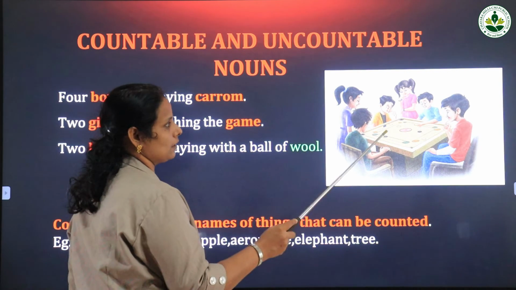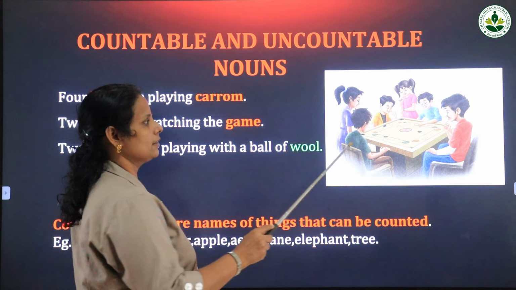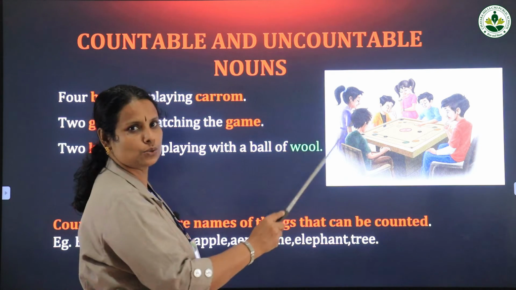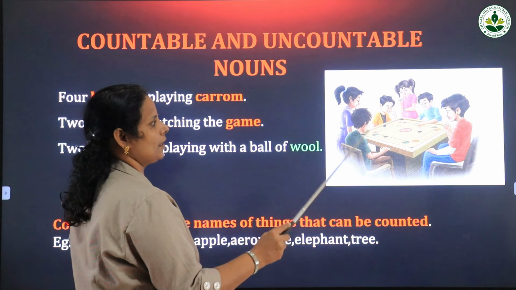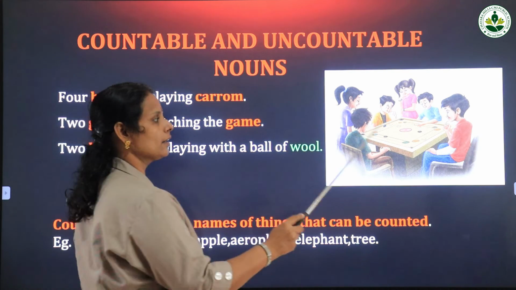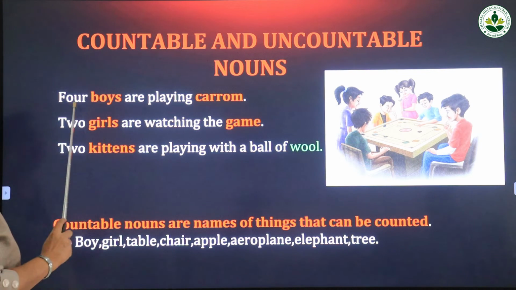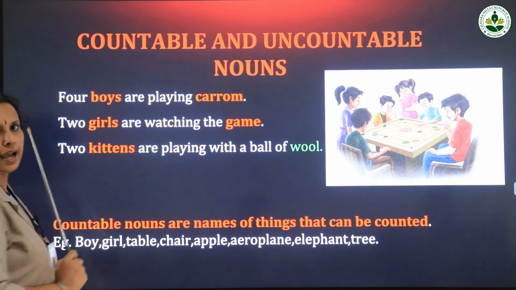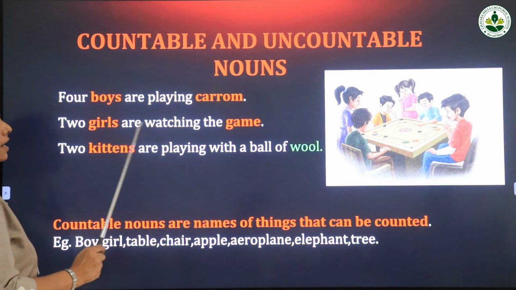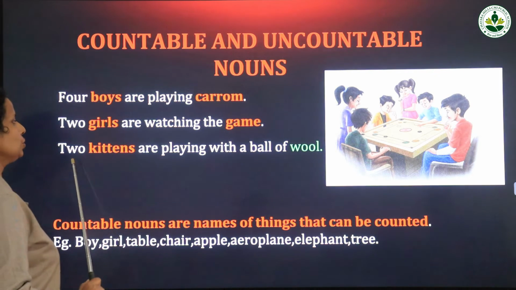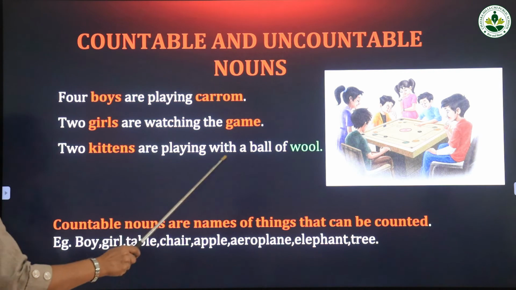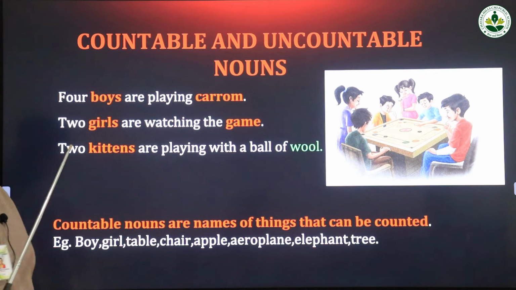By looking at this picture you can say that there are 4 boys and 2 girls, and 4 boys are sitting and playing carom and 2 girls are watching. So look at this sentence. 4 boys are playing carom, 2 girls are watching the game, 2 kittens are playing with a ball of wool.